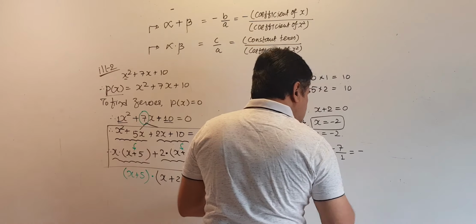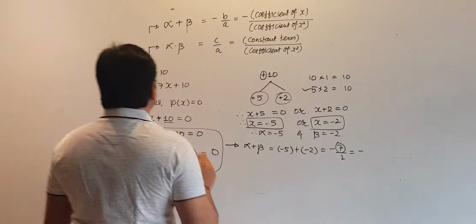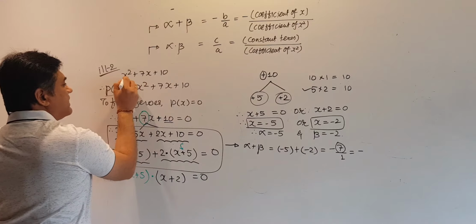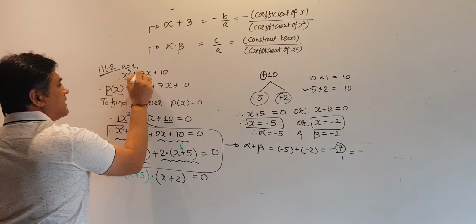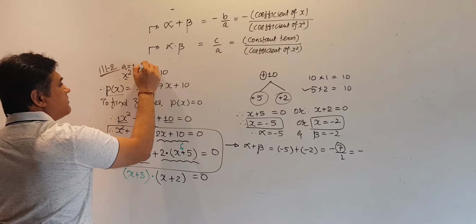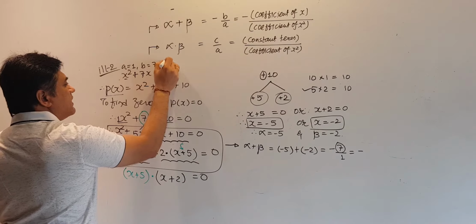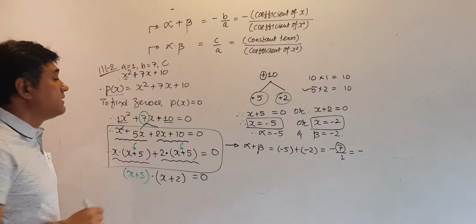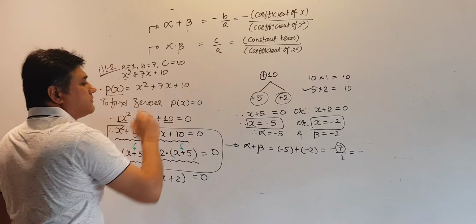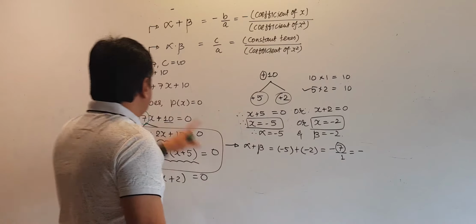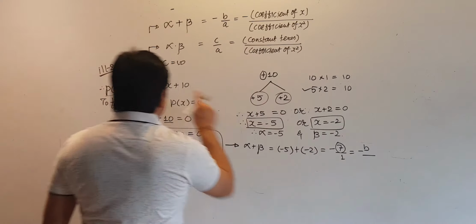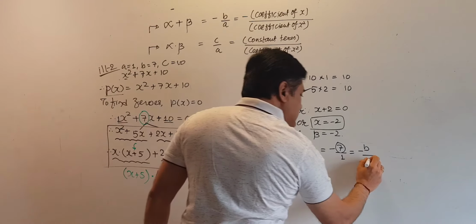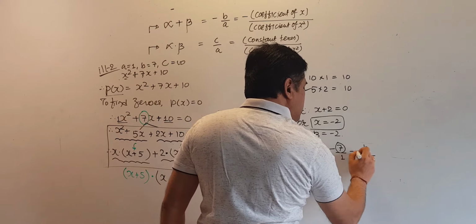Minus will remain minus. 7 is what? So you can check here that A is what? 1. Then x coefficient B is what? 7. Then constant term is 10. So in place of 7, what I can put? B. And in place of 1, what I can put? A. So minus B upon A is what?